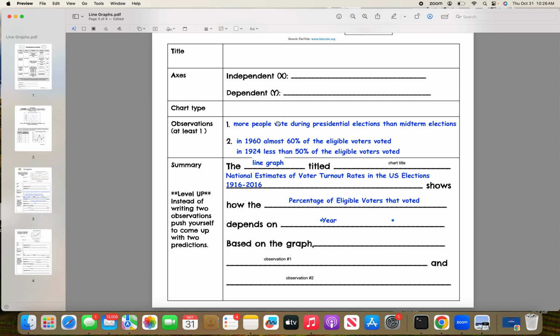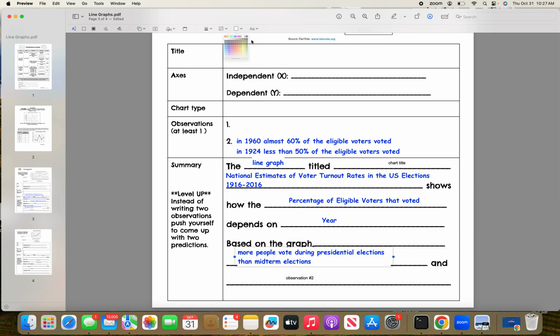And then our observations, I have one observation that I'm going to put there. I'm going to take this and put it right here. And then I'm going to take another, I like this observation right here.